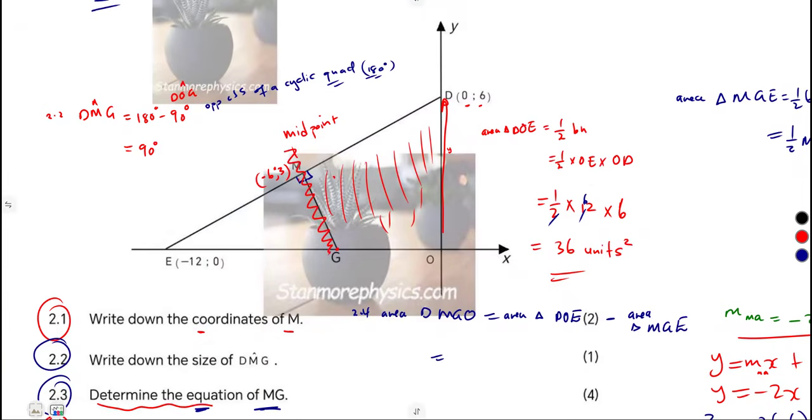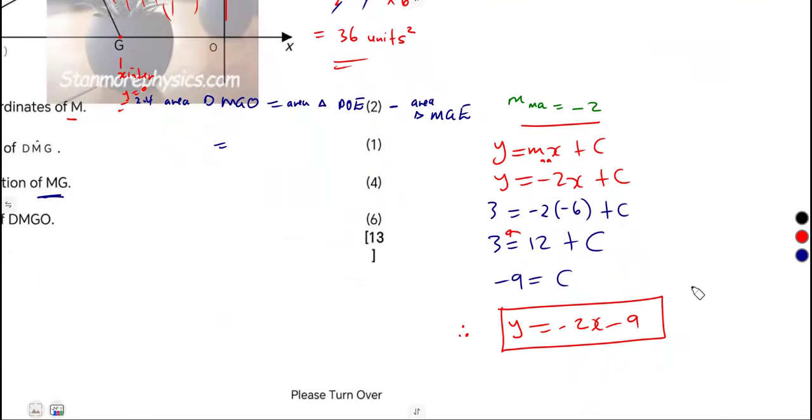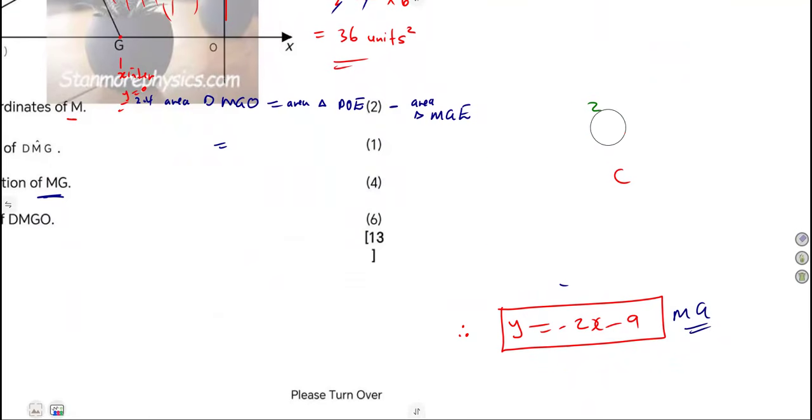Remember, we have the equation of the line MG. G is the x-intercept, where y is equal to 0. We can find the point G from the equation of the line that we are given, from our line MG. To find that point, we can use this equation that we calculated before.